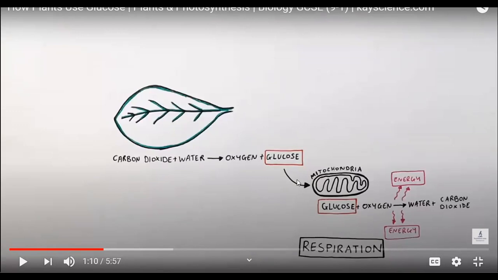But once this glucose goes to the mitochondria, which is again inside the cell, this is all happening inside the cell. You are doing the photosynthesis in the chloroplast inside the cell. Once the glucose comes out of the chloroplast, it goes to the mitochondria. We are talking about the same cell.